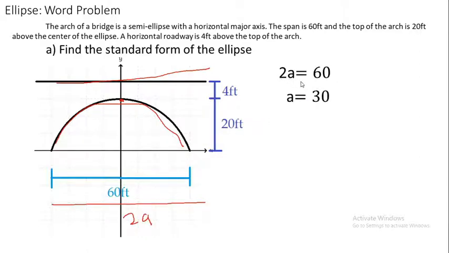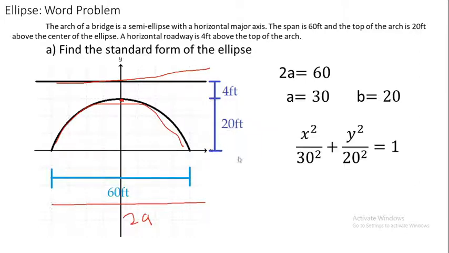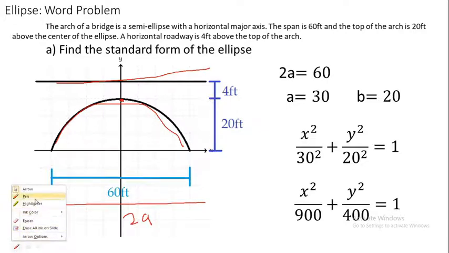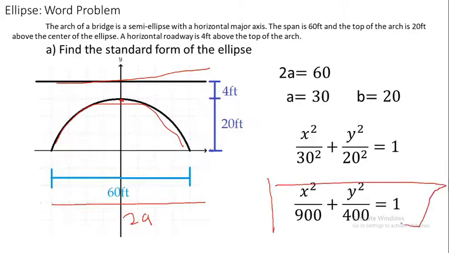Divide both sides by 2. a equals 30. b is already given in terms of 20. We just substitute a and b to the standard form of an ellipse. 30 squared will become 900 and 20 squared will become 400. This is all that is asked in question A.